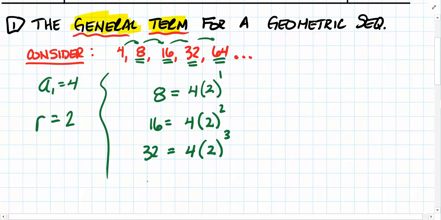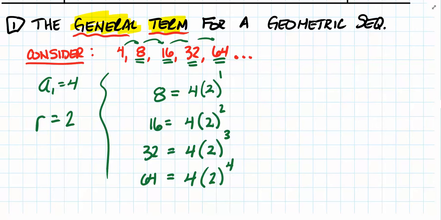I'll go one more for you. 64 can be written as the original term 4 multiplied by the ratio of 2 raised to the fourth power. 2 to the fourth is 2 times 2 is 4, times 2 is 8, times 2 is 16, and 16 fours make 64.